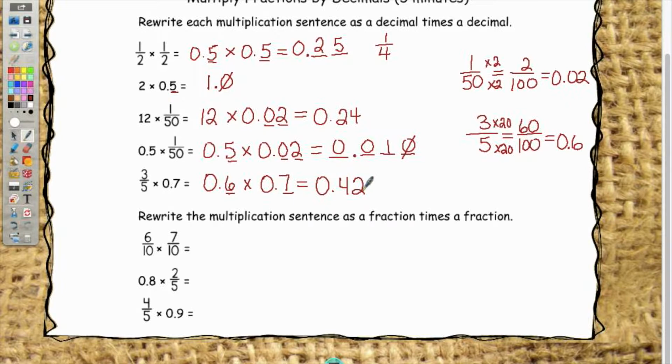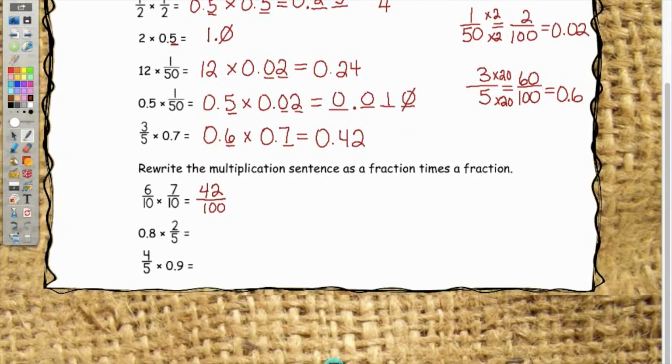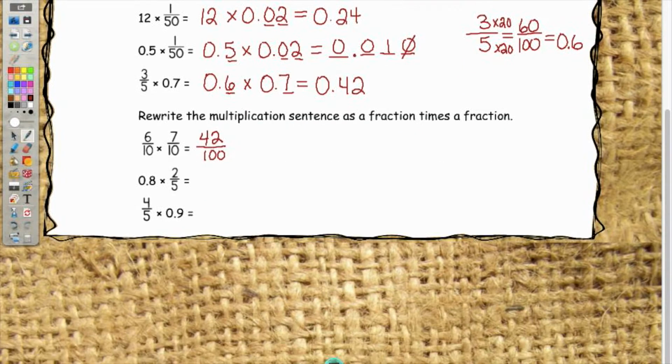Very good. Okay, now, by the way, 6/10 times 7/10, they just put it right here, didn't they? So what's 6 times 7? 42. What's 10 times 10? Is that what we just got, 42 hundredths? Pretty cool, isn't it? Decimals and fractions work together.